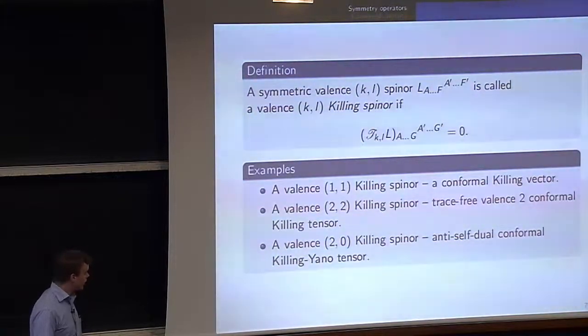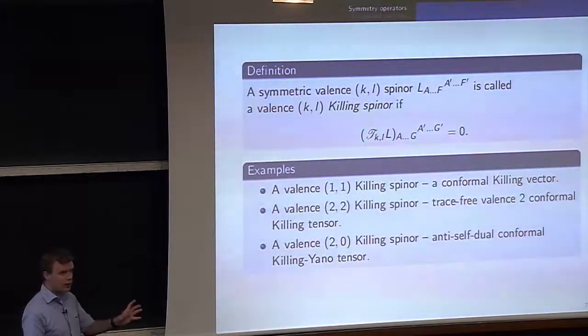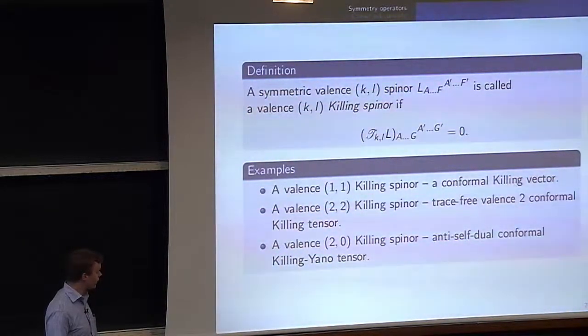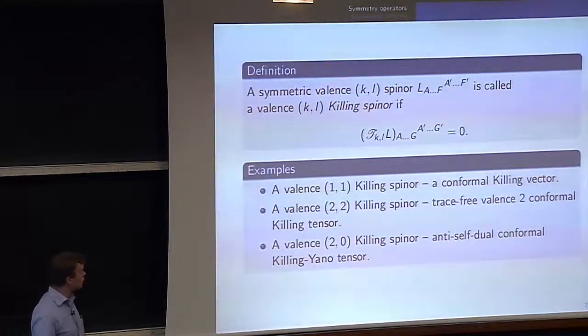But another very important case for us is the valence 2 killing spinor. It's not immediate how you translate that into a tensor. You actually have to multiply with a spin metric to get the right number of indices. But if you do that, then you get an anti-self-dual conformal killing 2-form. Well, it's a bit of a mouthful.